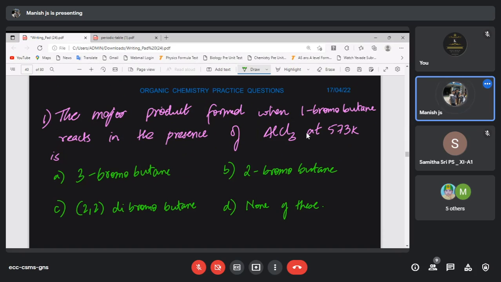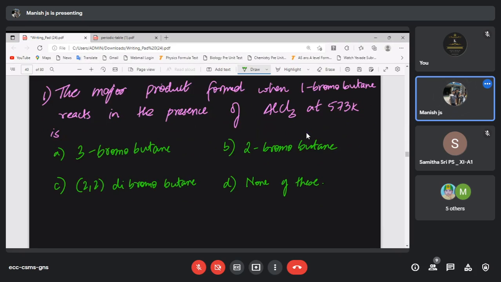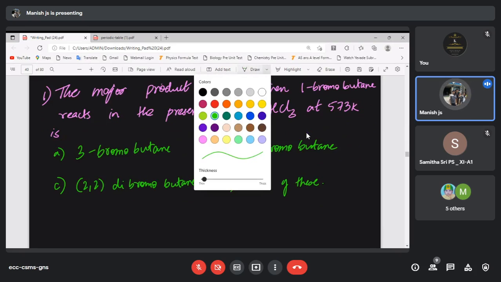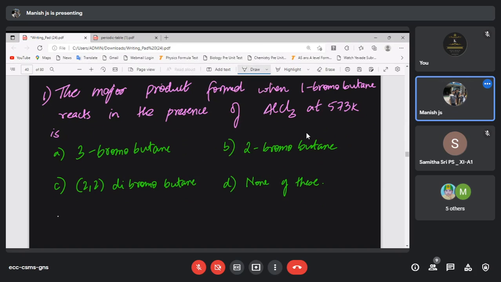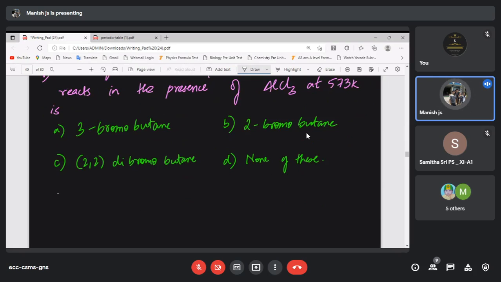Yes, students. Let us write the reaction first. 1-bromobutane means at the first position you have a bromine group. Butane, as I have taught you, means you will have 4 carbons. So what will the structure be? This is the structure.